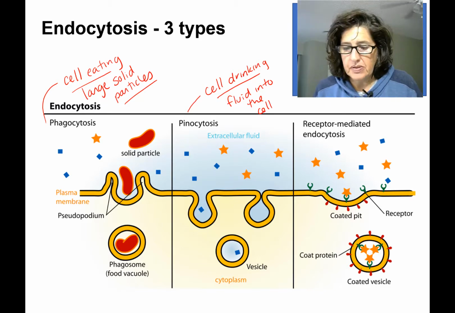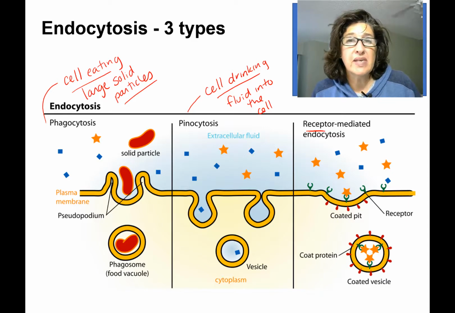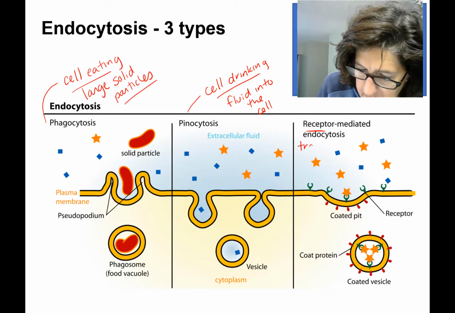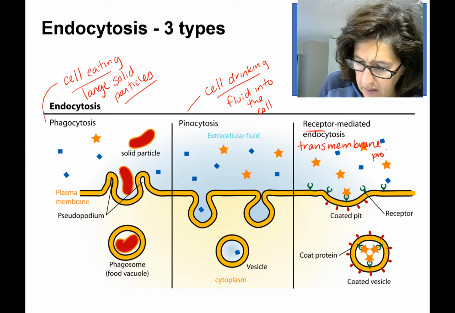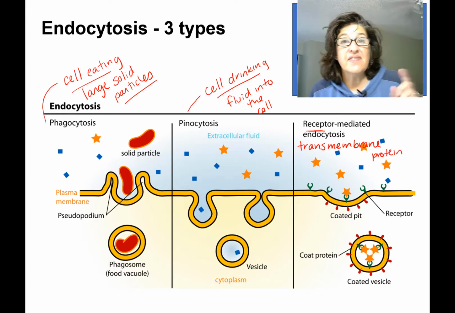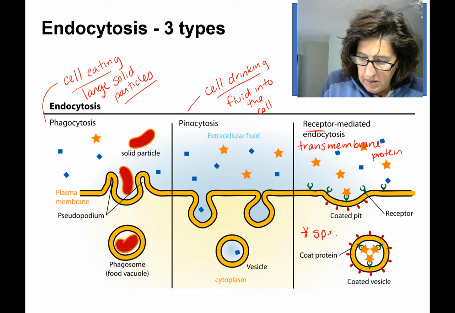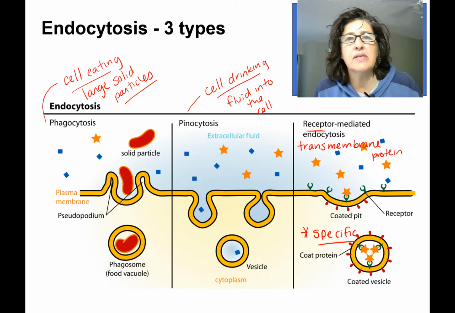Receptor-mediated endocytosis means that you have a protein called a receptor, and a receptor is a transmembrane protein. So that means it crosses the membrane. And it's very, very specific. So when we talk about proteins, we talk about enzymes, and we'll talk a little bit about receptors.